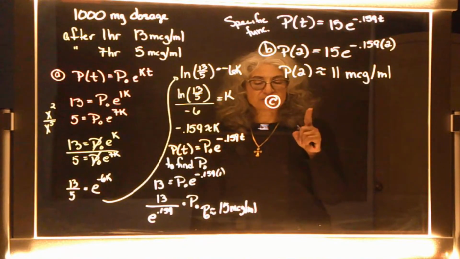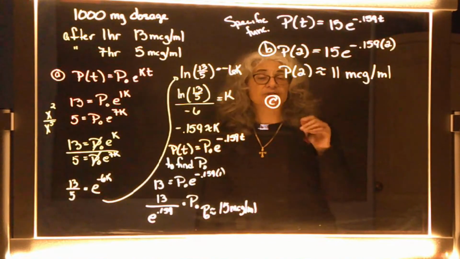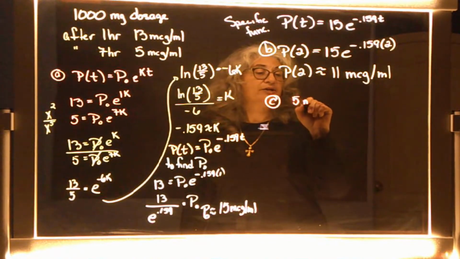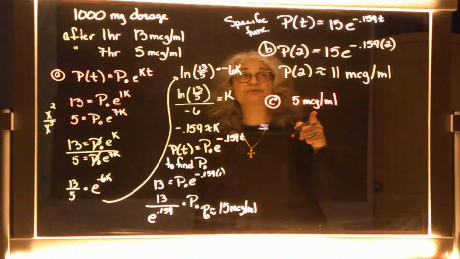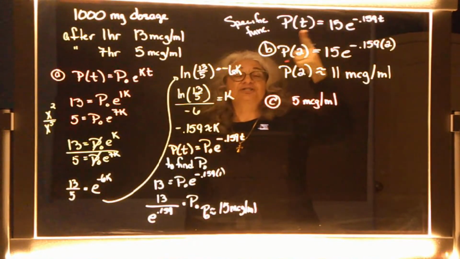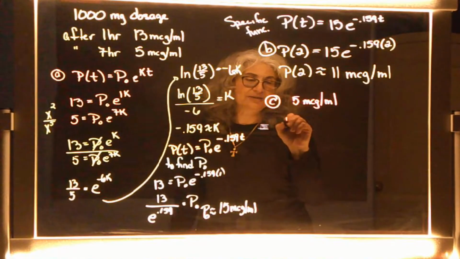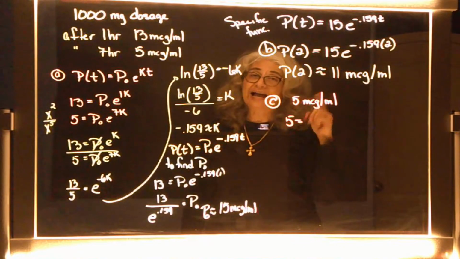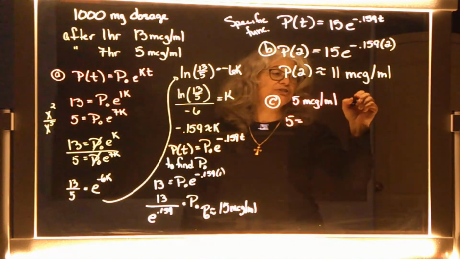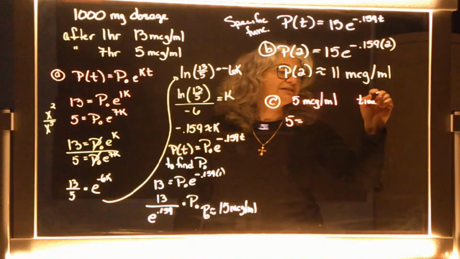They say the concentration of the drug should go no lower than 5 micrograms per milliliter, which means this would represent what in our equation? It's the ending amount, because they asked you how long is it going to take, after how many hours, which means you're searching for the time.